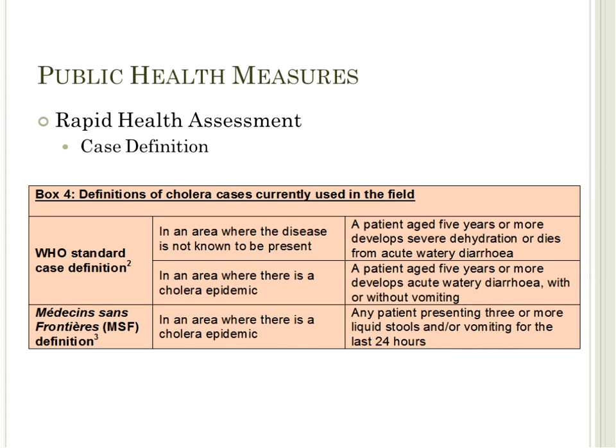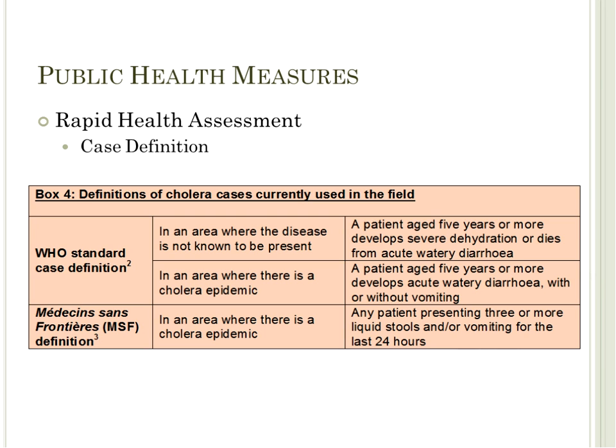So other public health measures. Especially when an outbreak starts, you want to do direct health assessments. The first thing we do is to make a clear case definition of what cholera is, the WHO standard case definition and also MSF's.